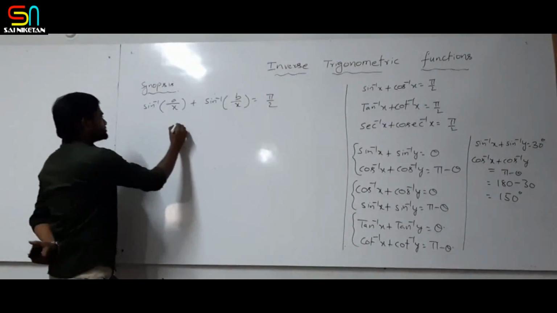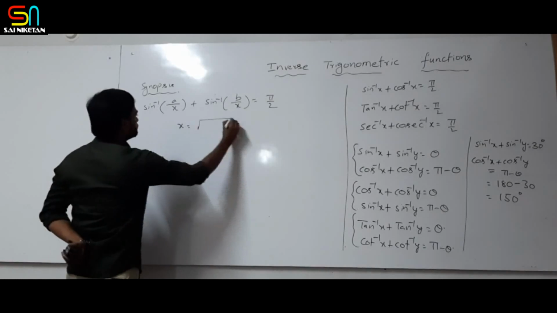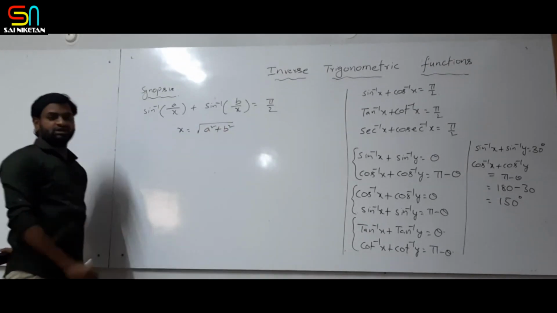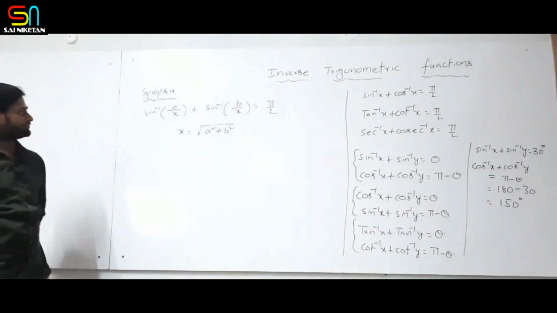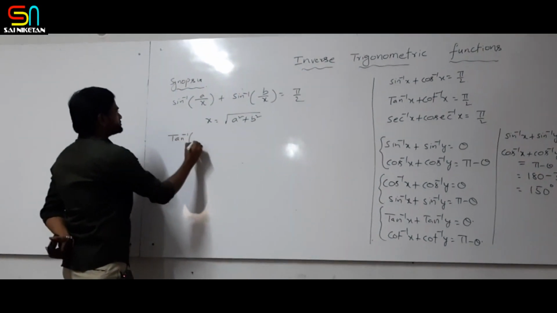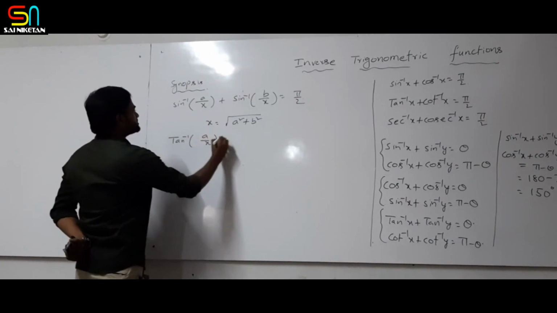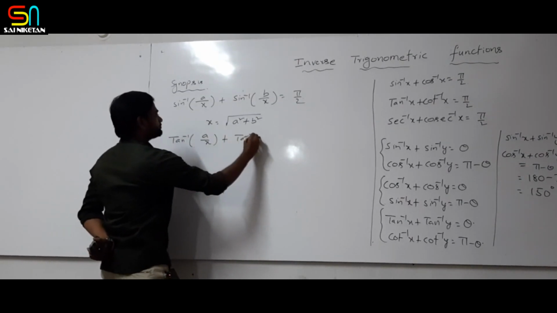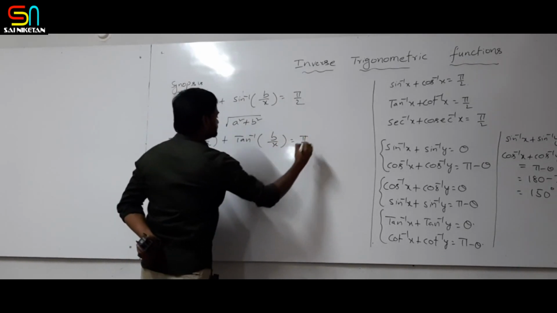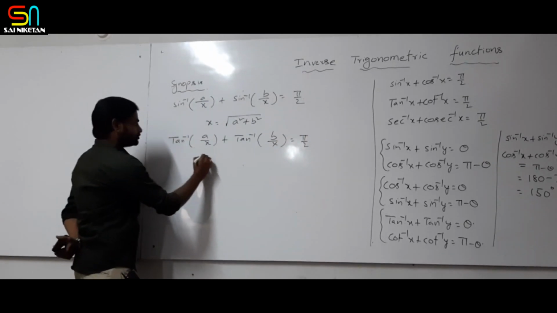Then we can write the x value is equal to root of a square plus b square. This is the shortcut formula. In the same way, we can take the tan inverse. That is, tan inverse of a by x plus tan inverse of b by x is equal to pi by 2. Then what can we write?